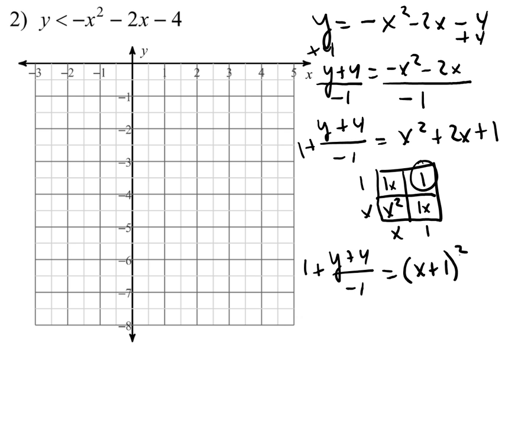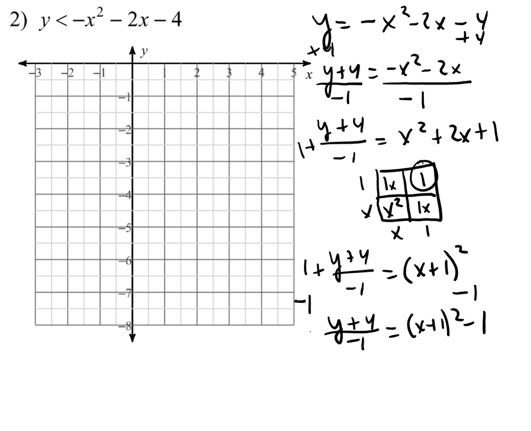So we completed the square, and so now everything that's over here in this parking lot, I want to bring it back over. So go in the same order that you moved everything. So we're going to subtract 1 first from here, and then subtract it from here. So then you get (y plus 4) divided by negative 1 equals x plus 1 squared minus 1.